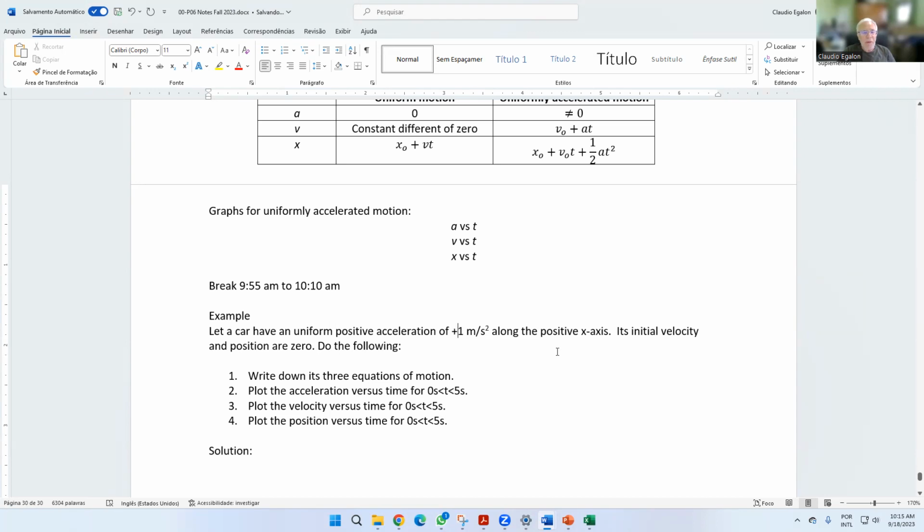Write down the three equations of motion, and then we're going to plot all three graphs. We're going to plot using Excel. It's okay to do it in Excel, but you can do it by hand, whichever way you choose. It can be Excel, PowerPoint, or on paper.